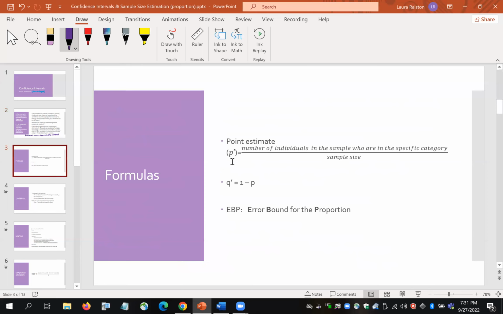And the way we distinguish it from the true population proportion, we would actually just use the letter P. Well, to be the point estimate, to indicate that it's an estimate, we put a little tick mark next to the P. It's read P prime.